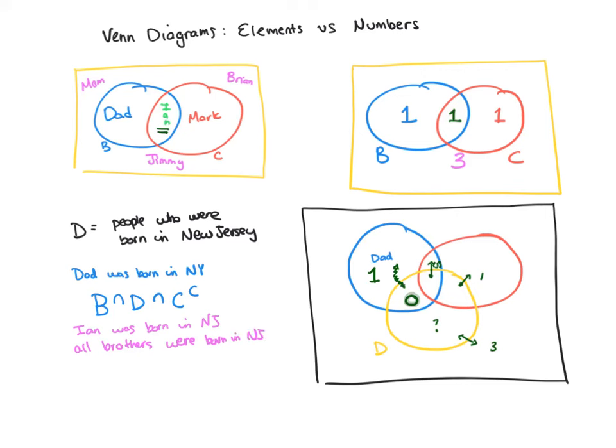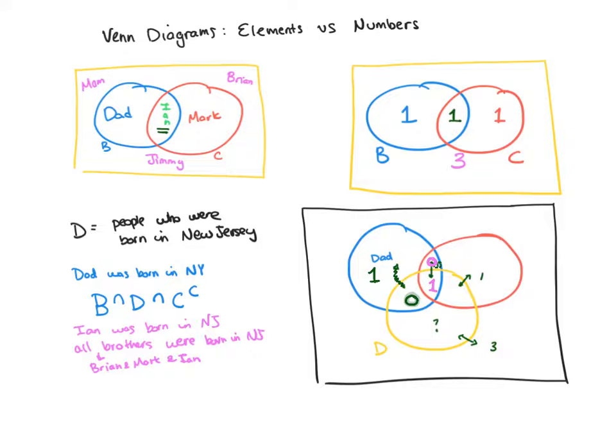Maybe you don't remember who my brothers were, but that was Brian and Mark and Ian. So that's actually 3 pieces of information. I've told you that Ian was born in New Jersey, so he needs to move down into this set that's both New Jersey, left-handed, and California, which means there are no people who are left-handed California and not New Jersey.